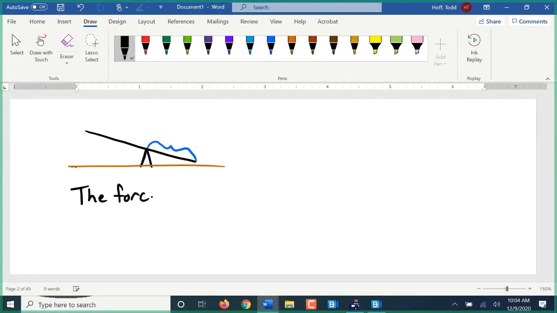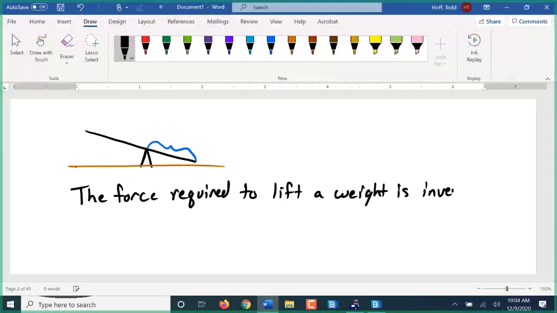So let's say the force required to lift a weight is inversely related to the distance from a pivot.